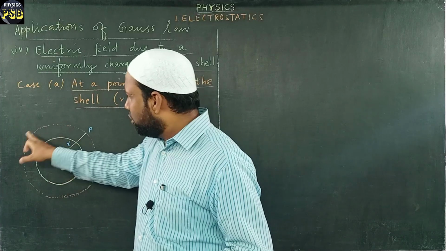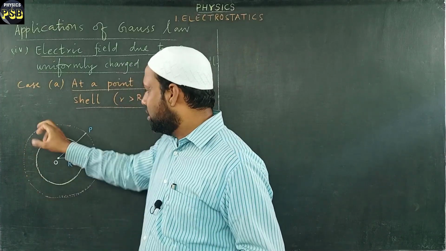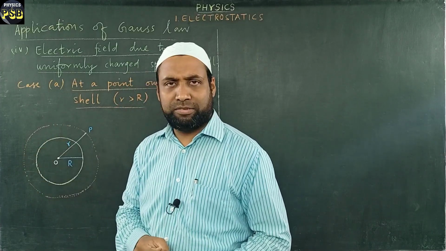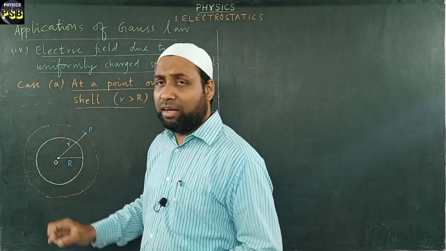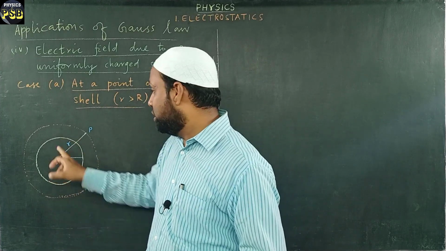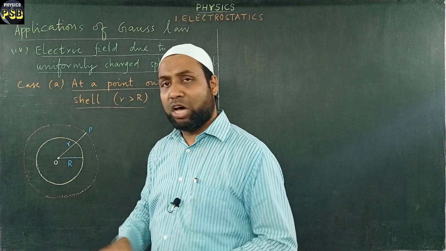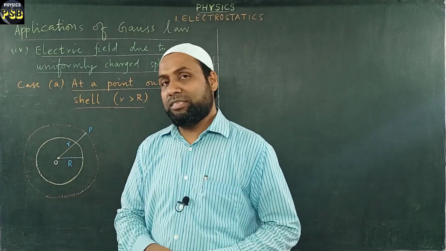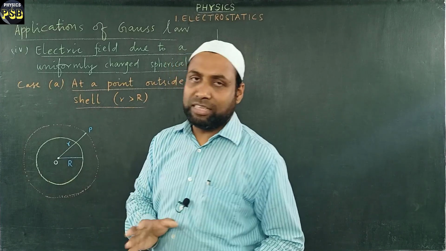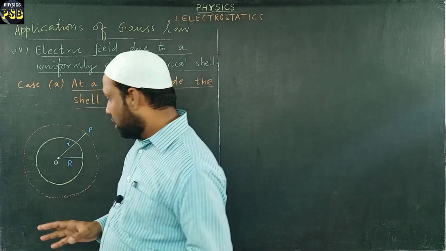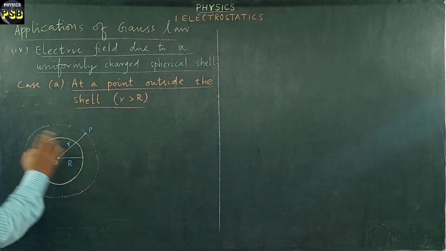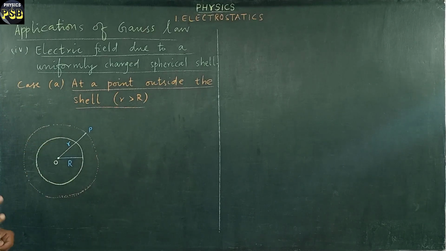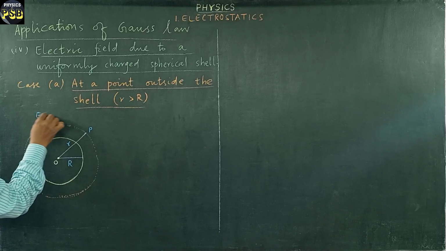If you take any point of this sphere, you will find the magnitude of electric field due to this charged shell remains the same. So we can say that electric field is constant or uniform around this charged shell.